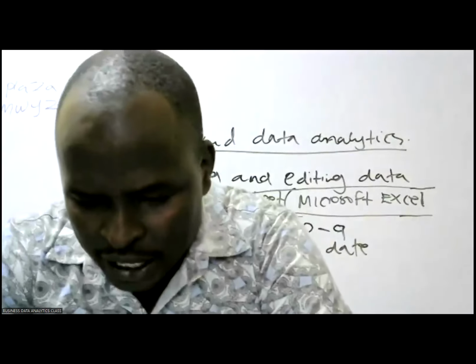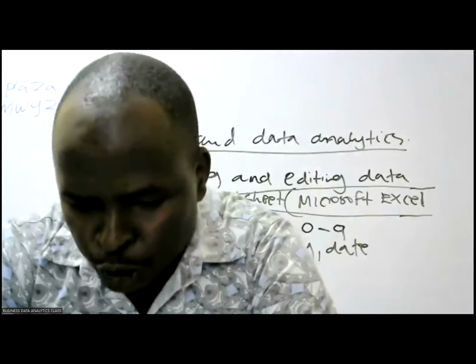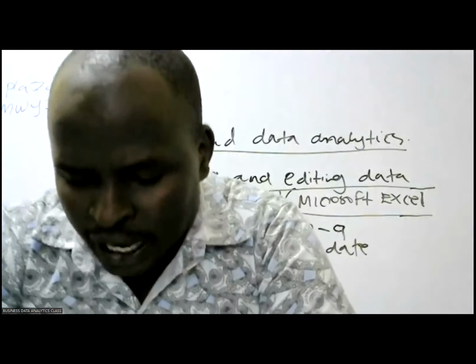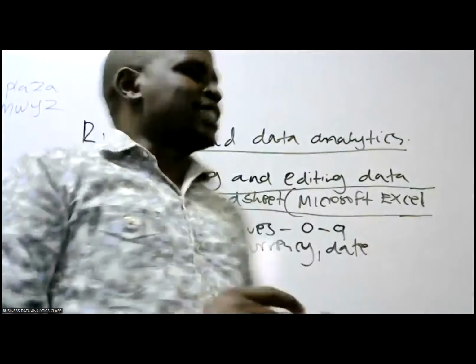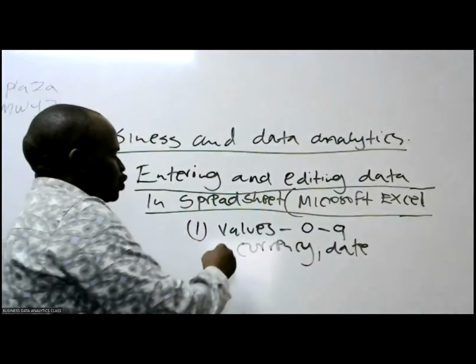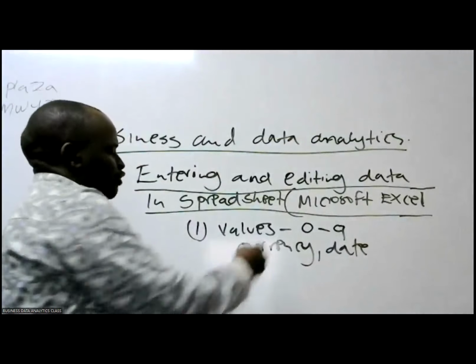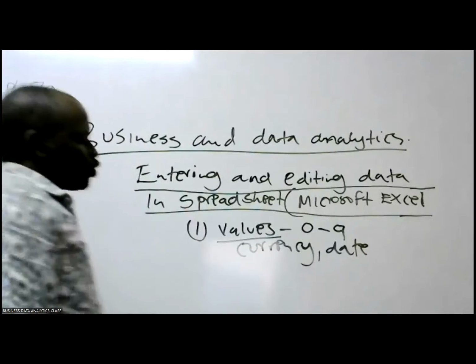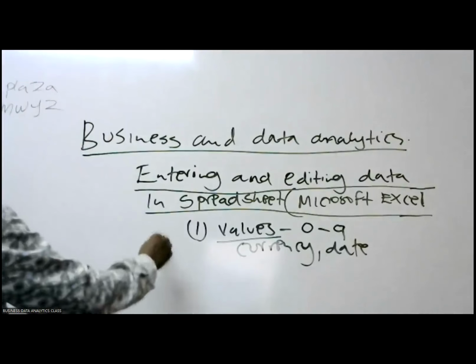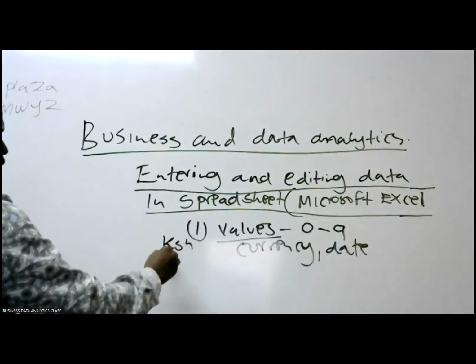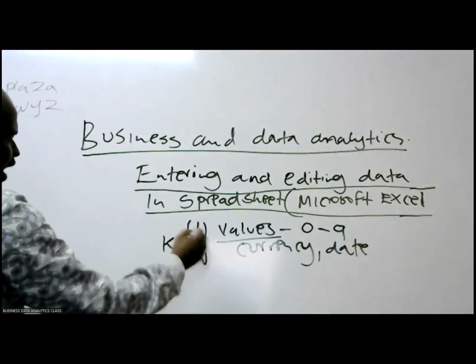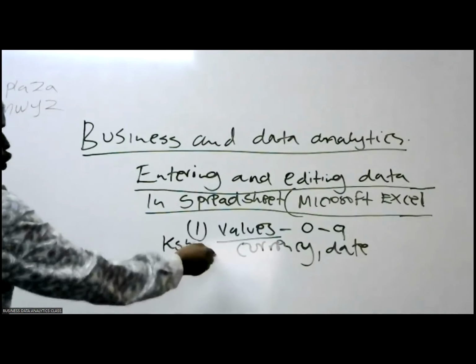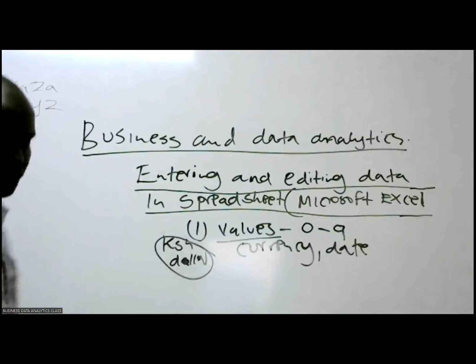From today onwards, when you see some symbols, these symbols are also part of values. By currency I mean maybe Kenya shillings, maybe dollar, and many other currencies we have in the spreadsheet. We refer to them as values.